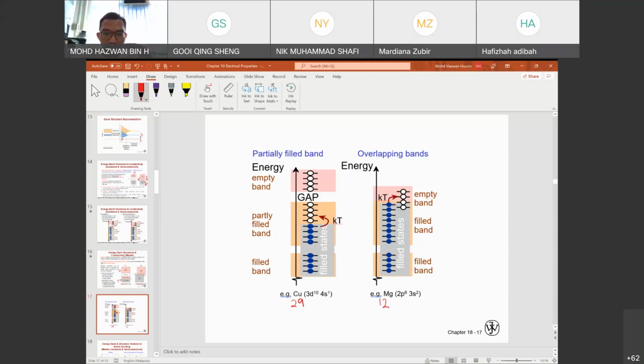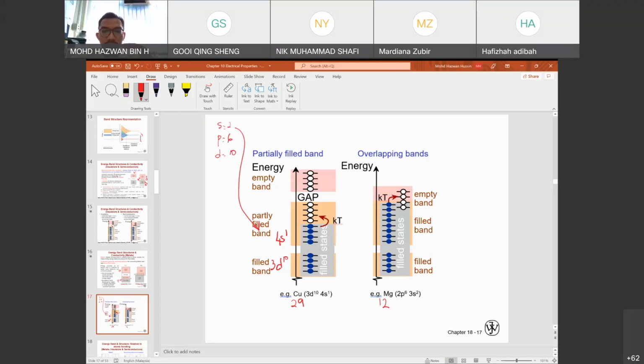You have one filled band, which is the D orbital, and a partially filled one, which is 4S1. As we said earlier, the S orbital can occupy 2 electrons, P 6, D 10.